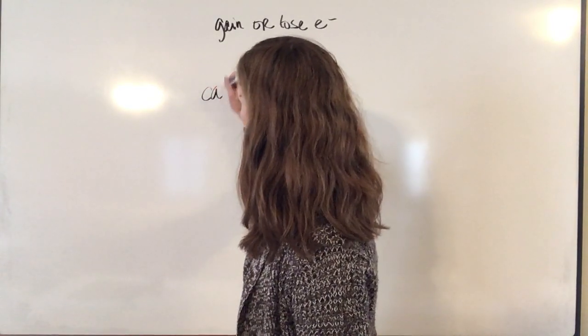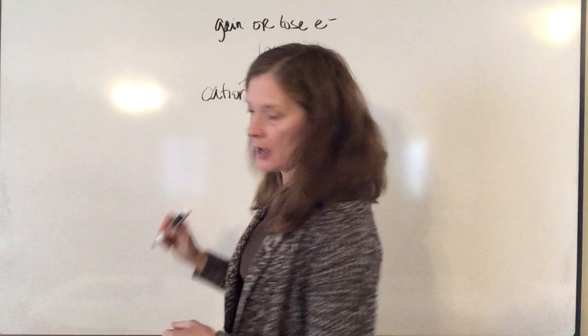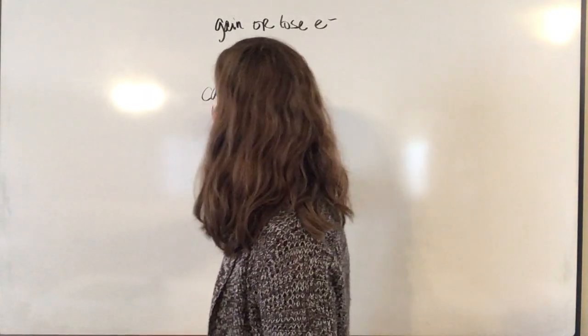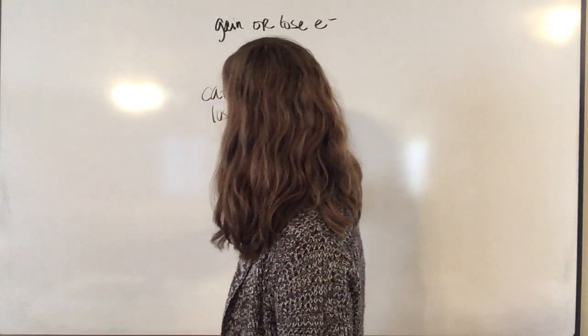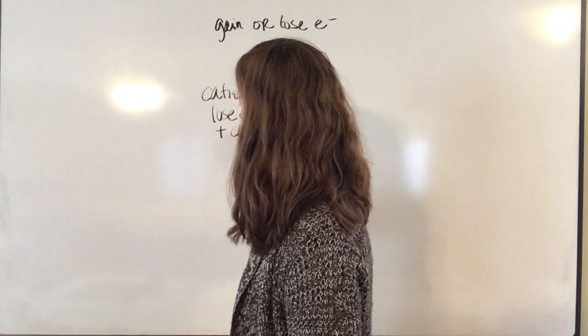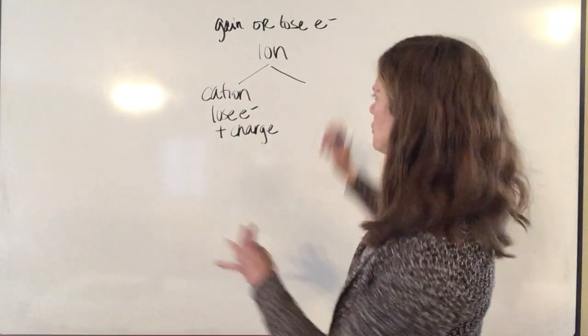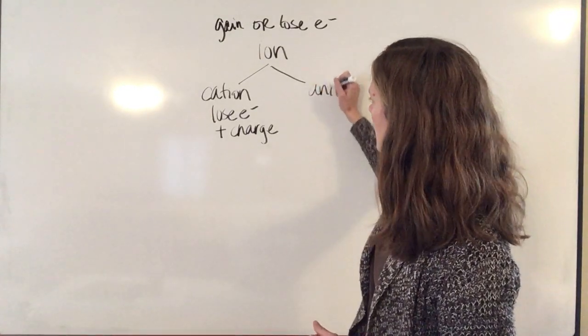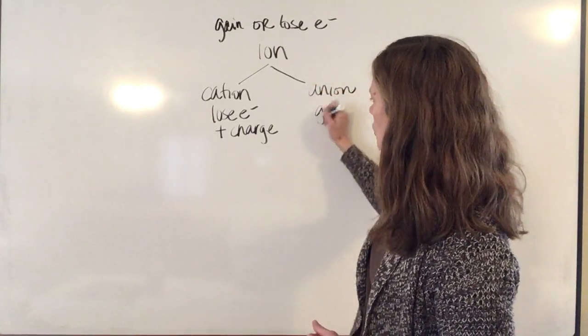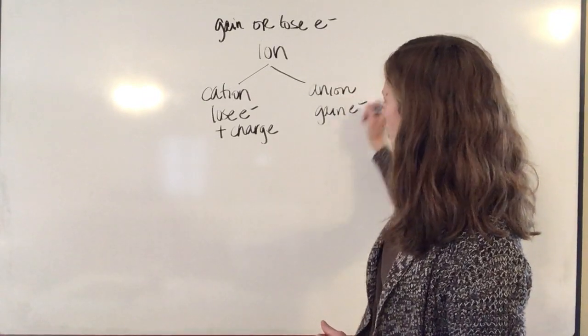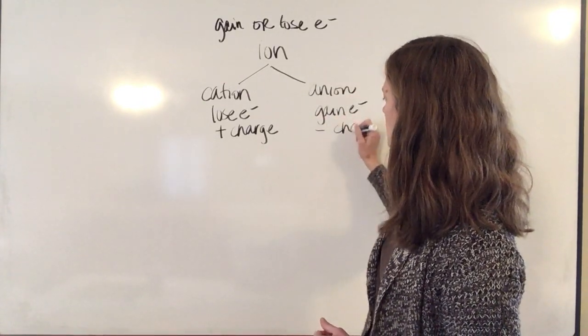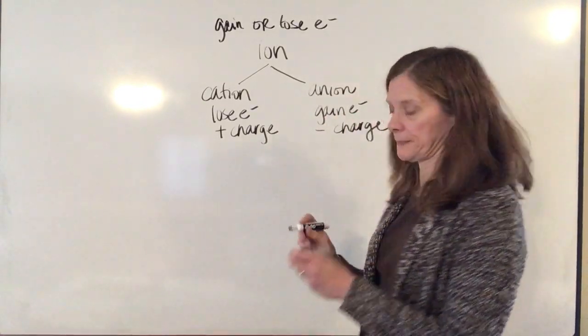You can have a cation, which basically means that you have lost electrons, and so a cation is going to have a positive charge. The other type of ion is an anion, which is formed when you gain electrons, and it will then have a negative charge to it.